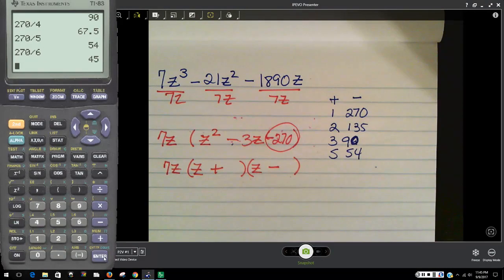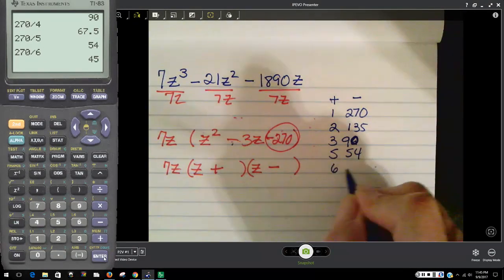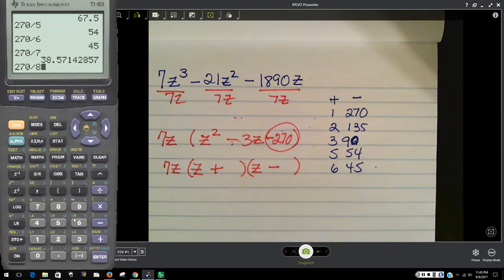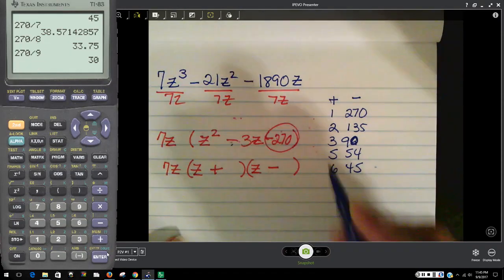And then we have 6 and 45. Doesn't work with 7. Or 8. Does work with 9.